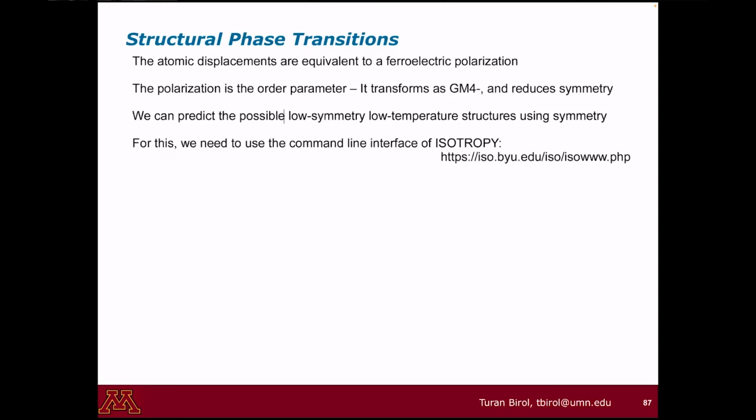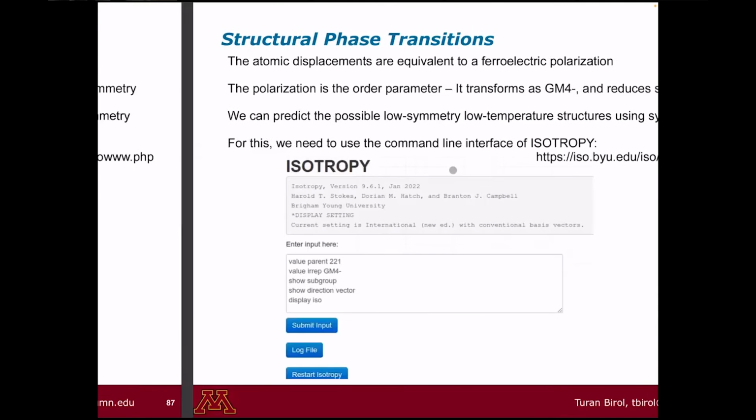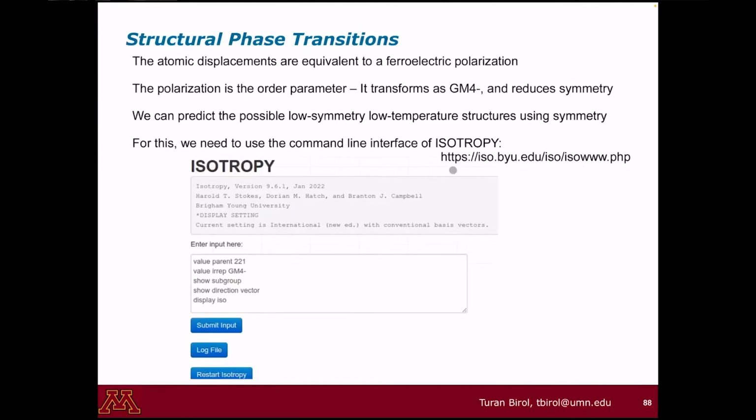Now, we can predict the complete list of unique, distinct low symmetry structures using just symmetry, just this knowledge, using a tool called ISOTROPY, which is the command line version of the ISOTROPY software suite, which again is just a text box with a submit inputs button on the bottom. So here's the input that I give. I start from the parent space group 221.